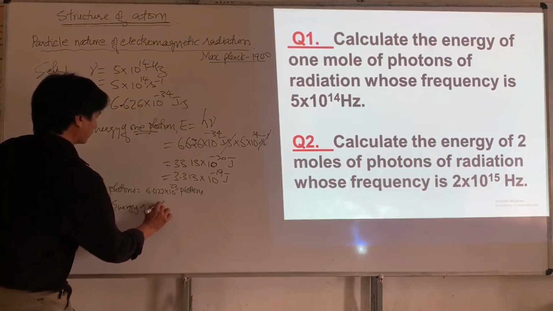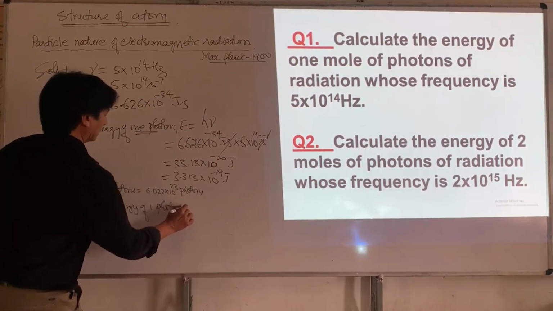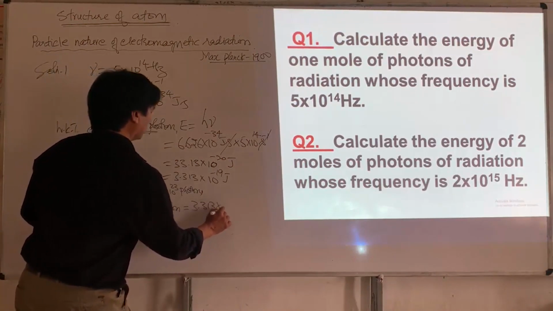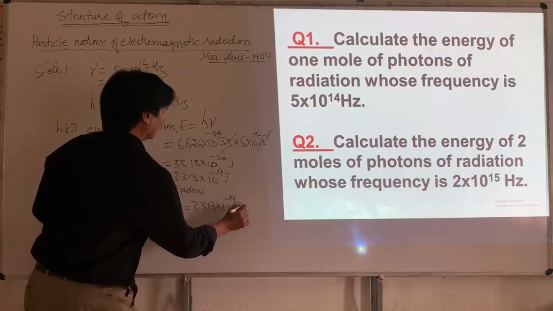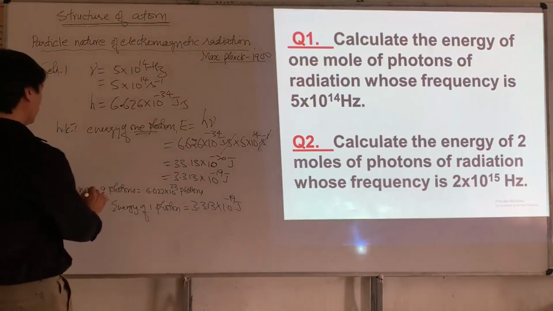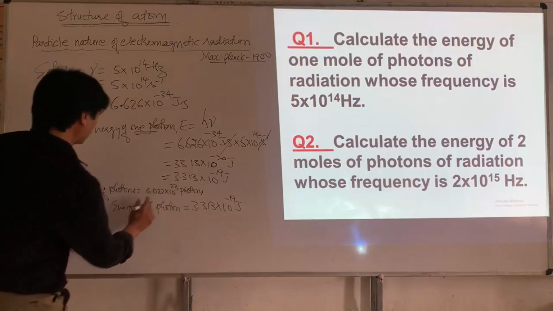Energy of 1 photon is 3.313 × 10^-19 joules. Now you are asked to find the energy of 1 mole of photons, that is this many photons.